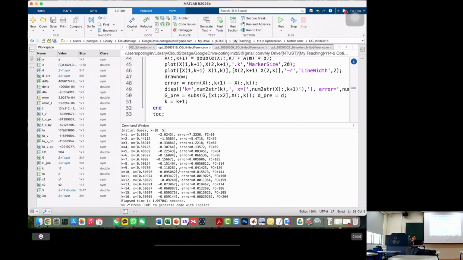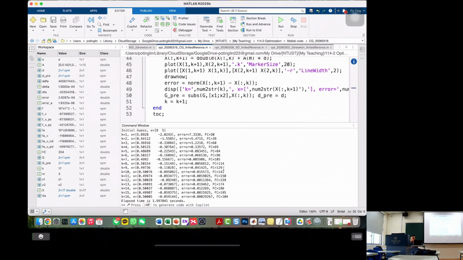For MATLAB, the most time-consuming part is drawing. So fewer iterations require lower computer time. So it's obvious that the required time is almost proportional to the iteration number.